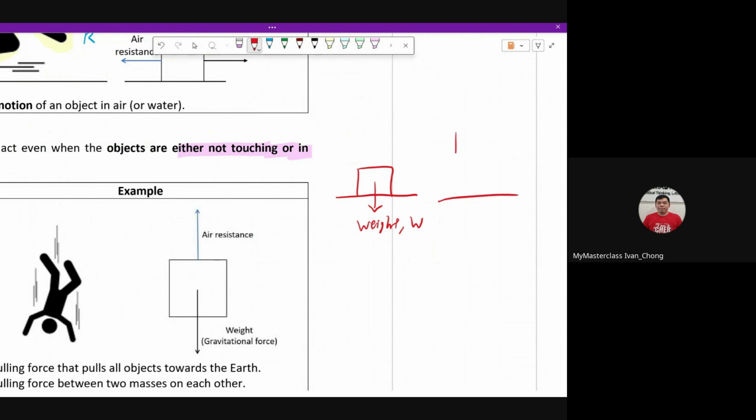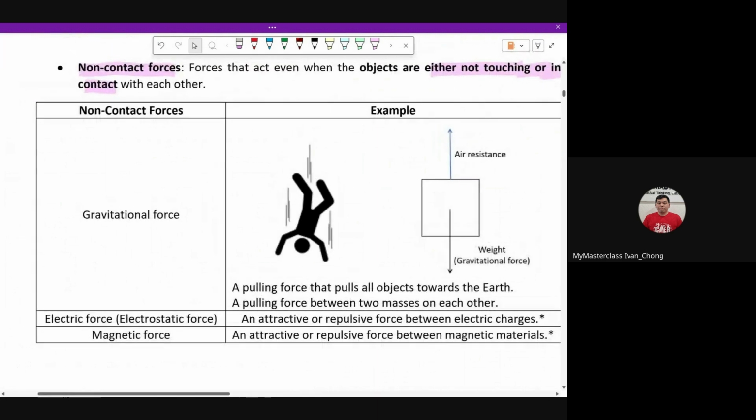But if your box is in mid-air, it will still have weight W, because weight, which is your gravitational force, is also a non-contact force. Which means that it doesn't matter whether you're touching or not touching, you can have both or either or.